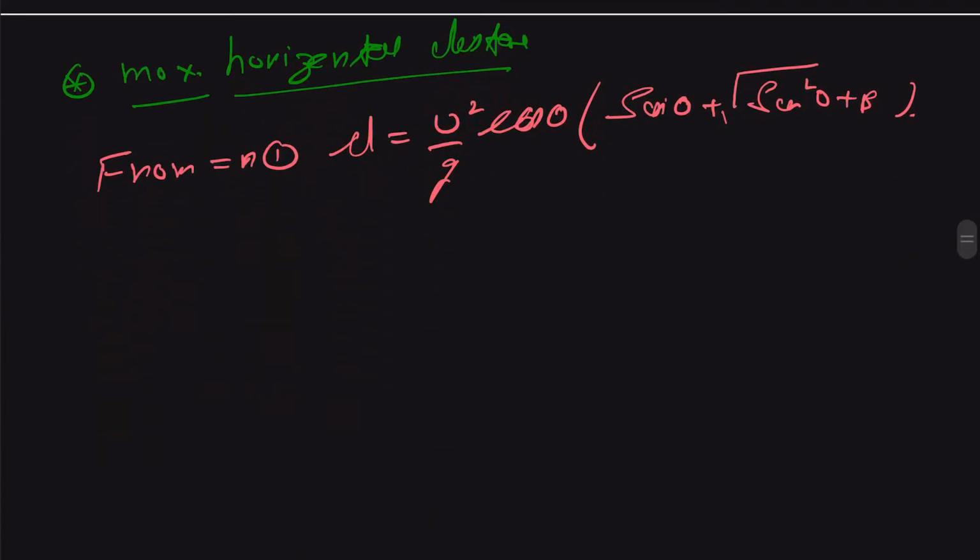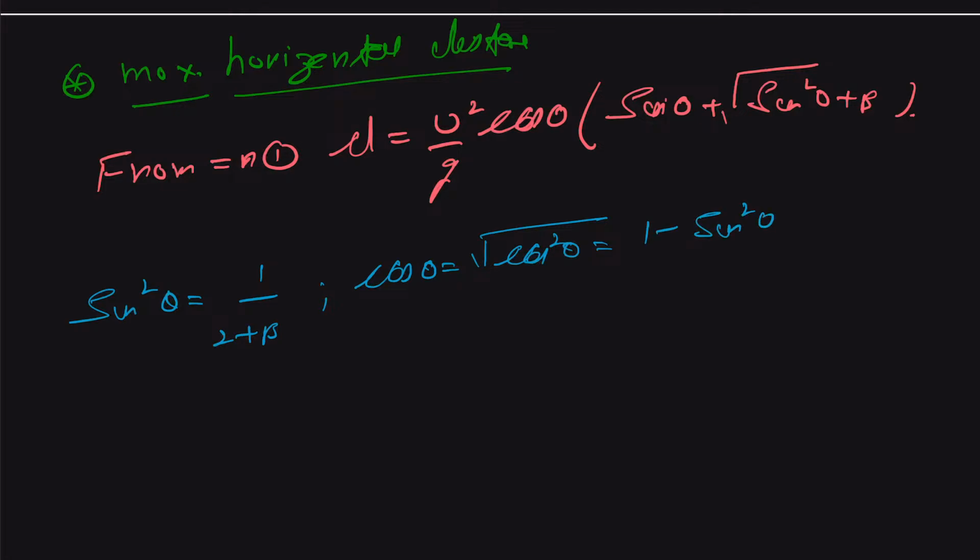So we can say that sine square θ is equal to 1 upon 2 plus β, and we require our cos θ. Cos θ will be equal to the square root of cos square θ, which can be written as 1 minus sine square θ.